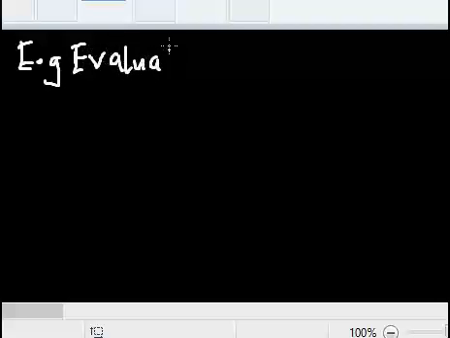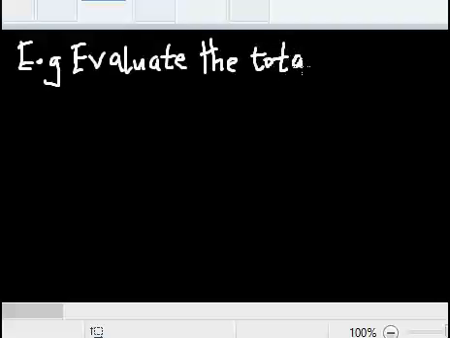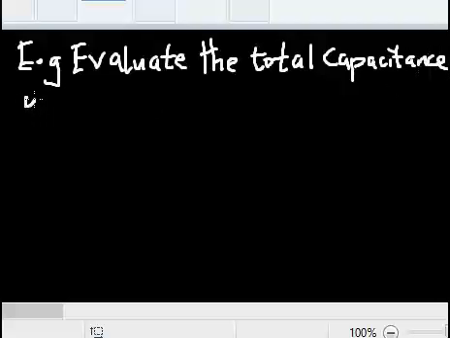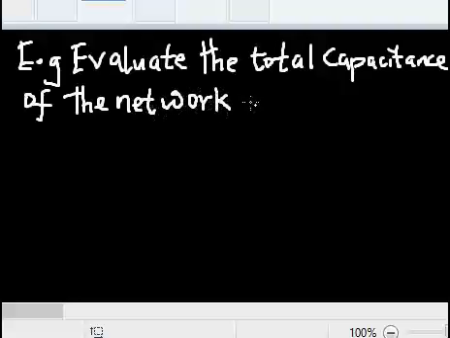For example, you might be asked to evaluate the total capacitance of the networks below.